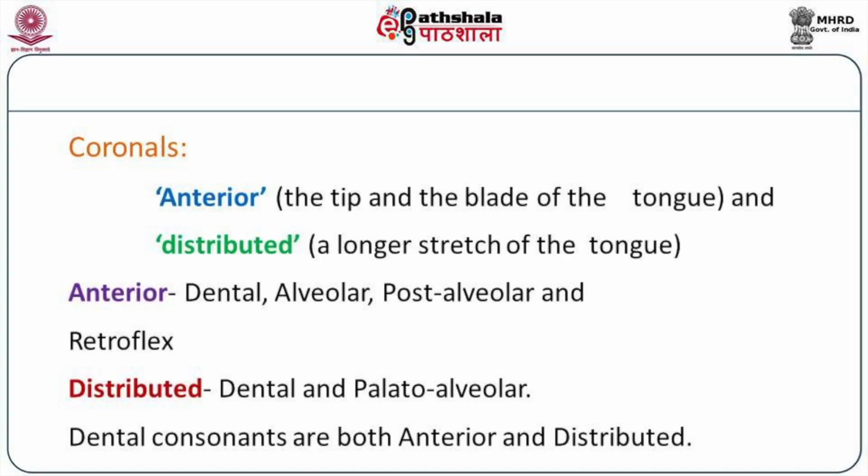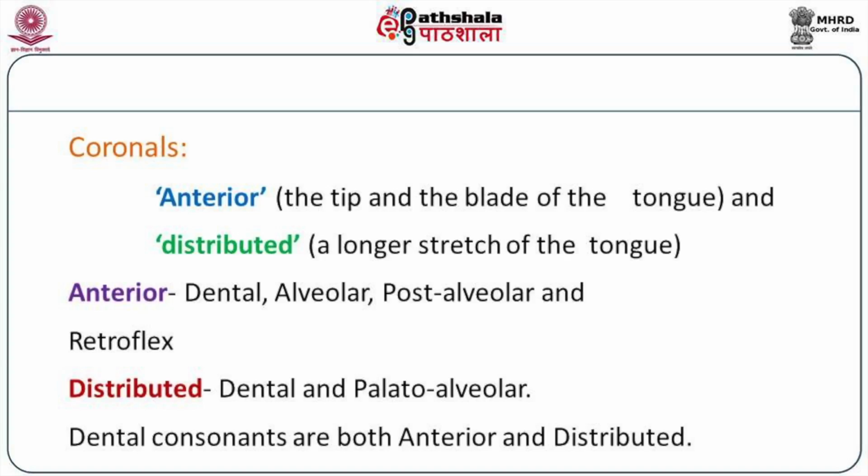There are consonants such as t, which are anterior consonants, and there are consonants such as the retroflex consonant t or d. Notice that in producing a good t and a good d, you have a fairly large chunk of the tongue involved. We say that these coronals are distributed coronals because a longer stretch of the tongue is involved in producing them.